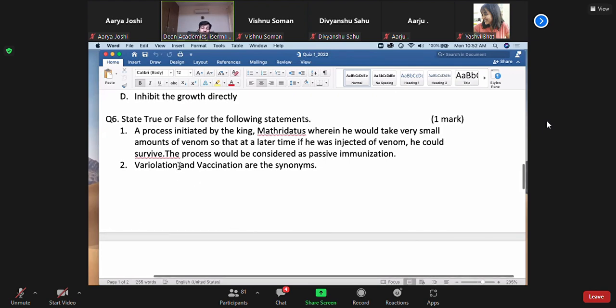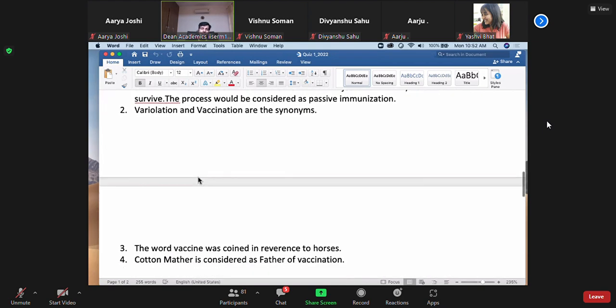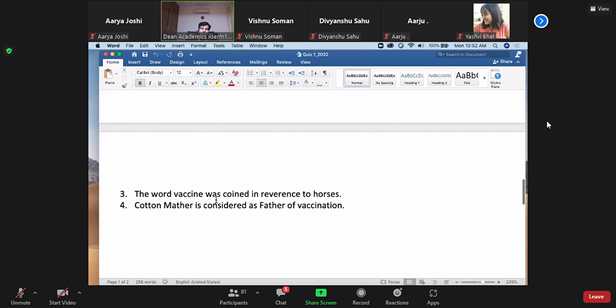Variolation and vaccination are not exactly the same term. The whole thing started from variolation, where they took some material from a cowpox lesion and injected it, but you don't call them the same. Variolation and vaccination are not the same. The word vaccine was coined in reference to horses.